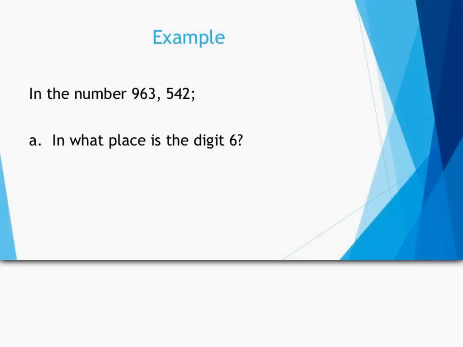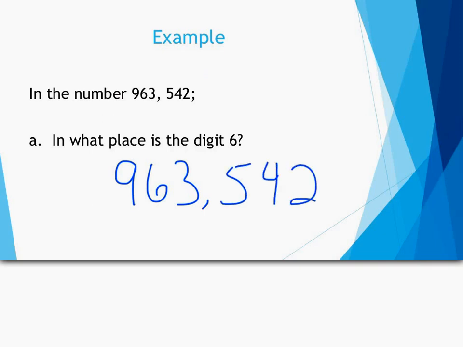Looking here, we want to know in the number 963,542, in what place is the digit 6? So let's first look at our number. 963,542. We want to know what place the digit 6 is in.